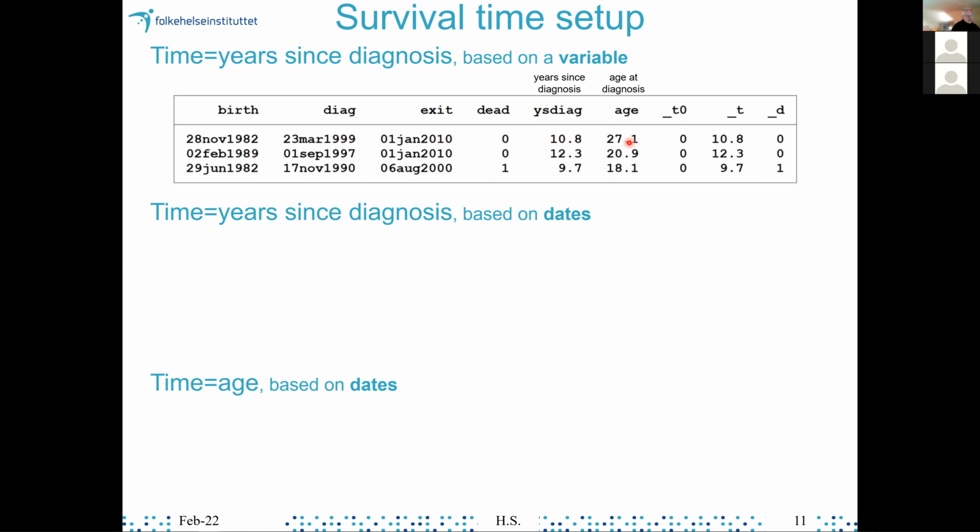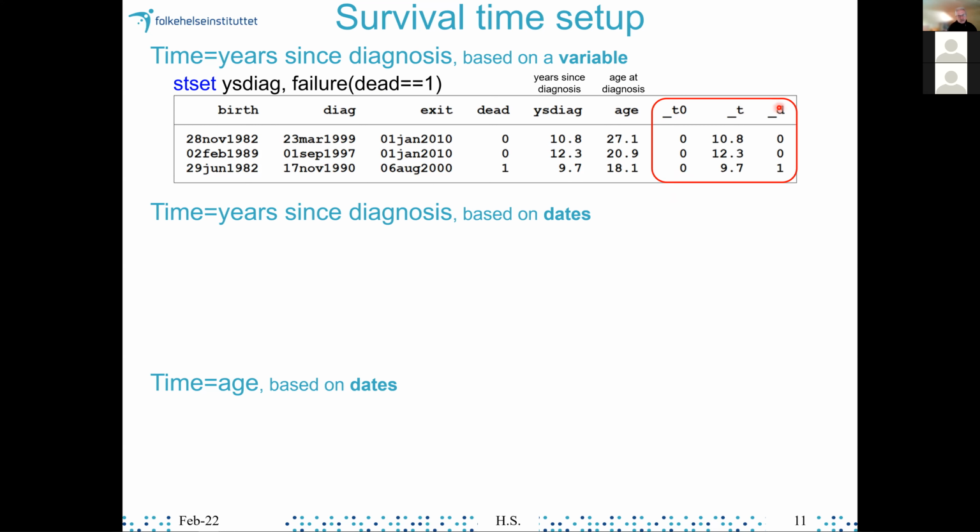Now, if we do an stset on this, using years since diagnosis as our time, and dead equal to 1 as our failure indicator, Stata will make three new variables for us. One called underscore T0, that's when time starts, and it starts at 0 for all three. Underscore T is the length of the follow-up, 10.8 years, 12.3 years, and so on.